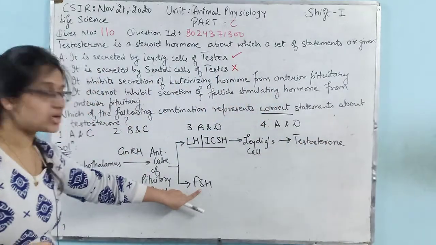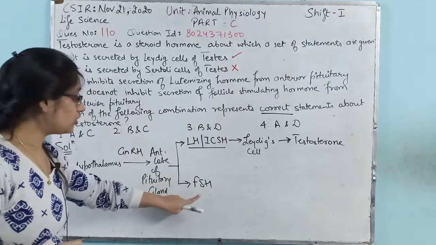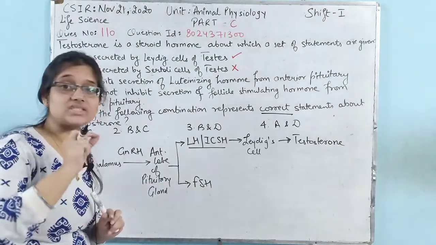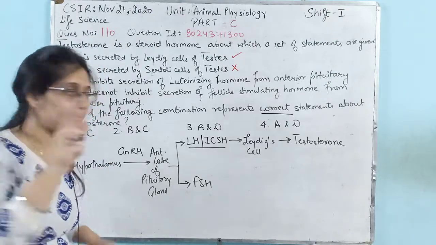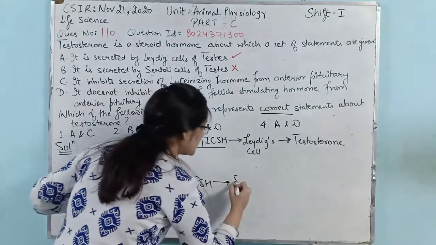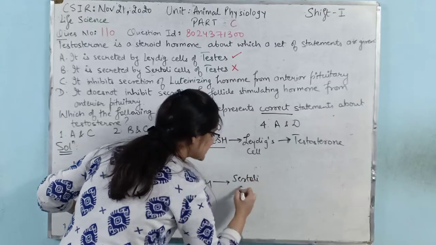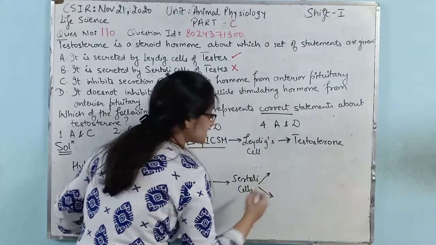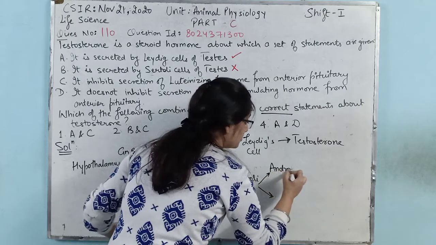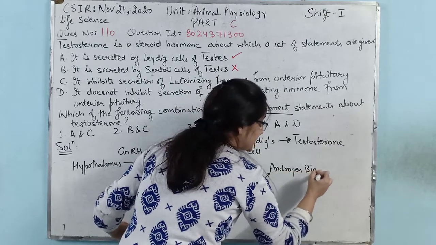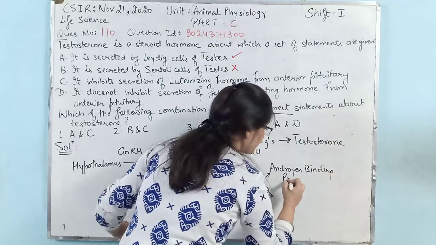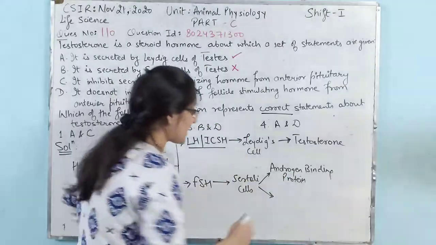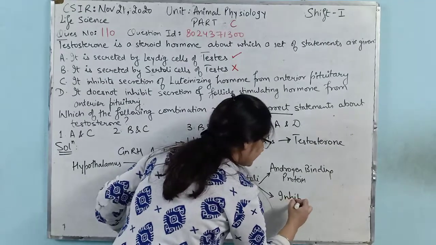While the other one, follicle stimulating hormone, it acts on the follicle stimulating hormone receptor present on Sertoli cells, and from them it causes the secretion of hormone which we discussed earlier, the androgen binding protein used for concentrating testosterone, and inhibin.